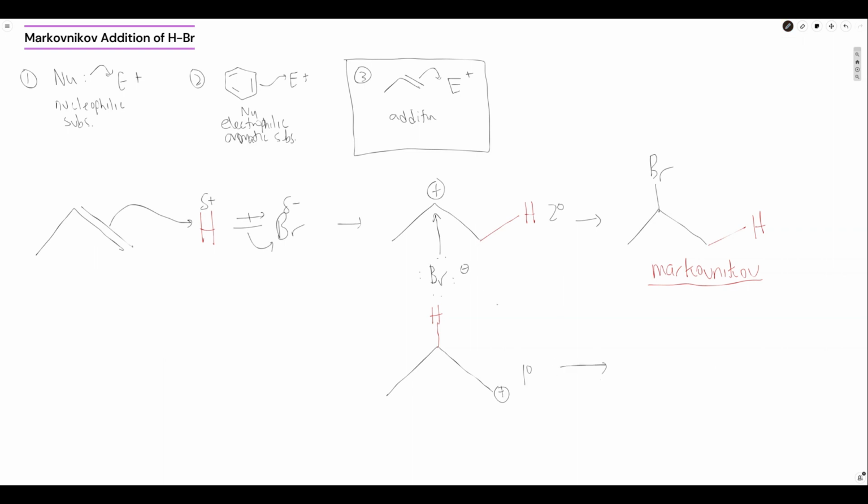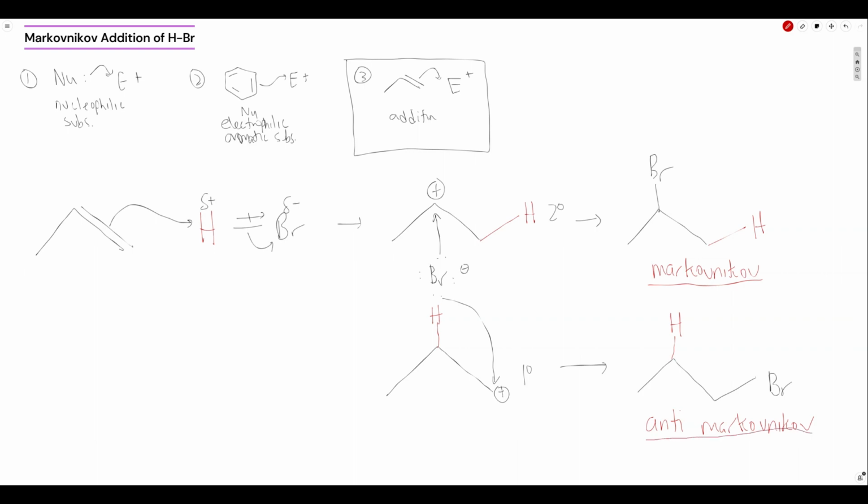And this, had it gone this way, of course, we can show the bromine trapping this theoretical primary carbocation, we would have generated this product right here. And once again, I'll draw the H in red that would have been at this position, and this is the anti-Markovnikov product.